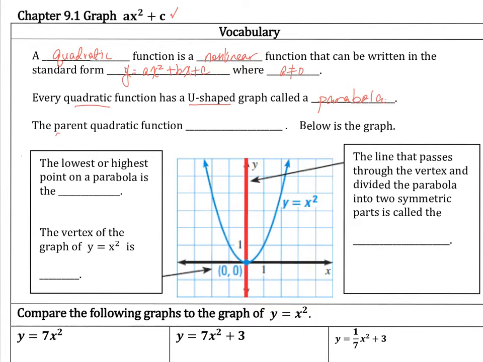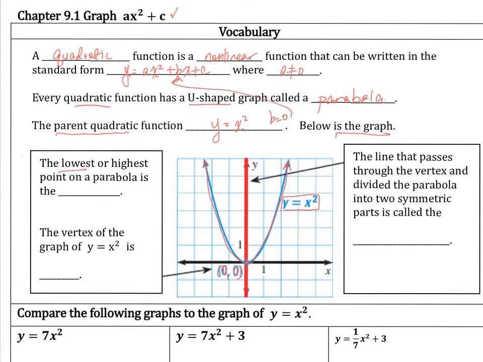The parent quadratic function is y equals x squared. So this is when b equals 0. So below is the graph of y equals x squared, and it goes through the origin, (0, 0).